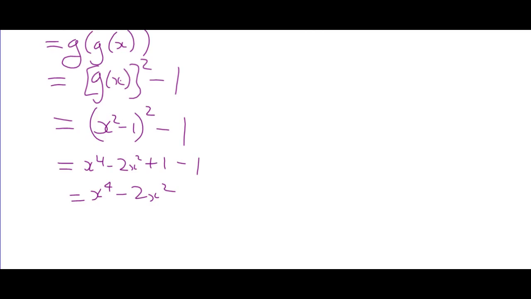No, right? So x belongs to the reals in this case. There's no value of x you can give me that g of x can't handle. There's nothing I can put in the inside function that can generate something which can't be put into the outside function. We can square anything and subtract 1 from it.